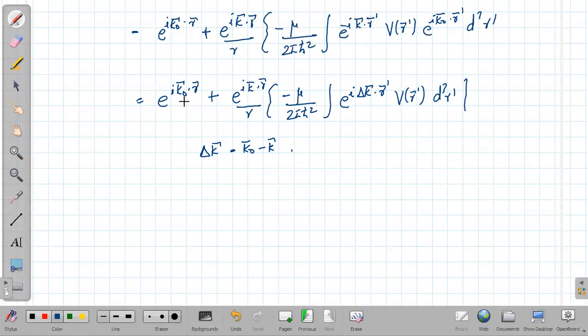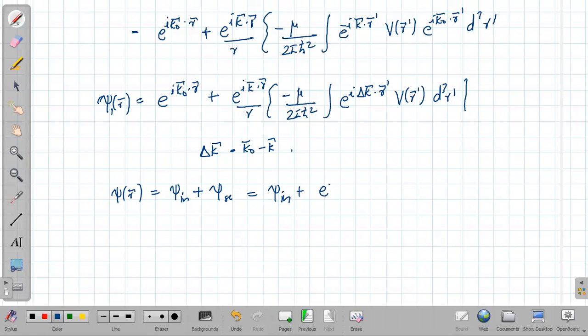Now if you look at this expression, this is the wave function in the first order Born series. This wave function is a total wave function. The total wave function of the scattering problem can be divided into two parts: the incident wave function plus the scattered wave function. And what is the form of the scattered wave function?